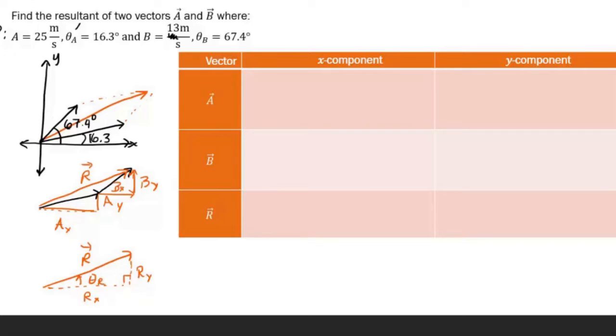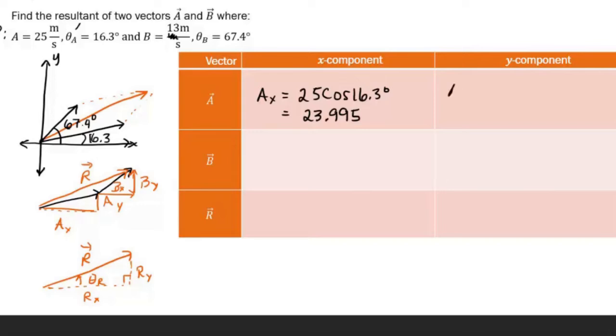Let's do that. All right, how do we find the x component of vector A? Well, the x component is always going to be the magnitude, 25 in this case, times the cosine of 16.3 degrees. You may just want to punch 25 cos 16.3 degrees into your calculator, but you could also evaluate this, and you get 23.995.